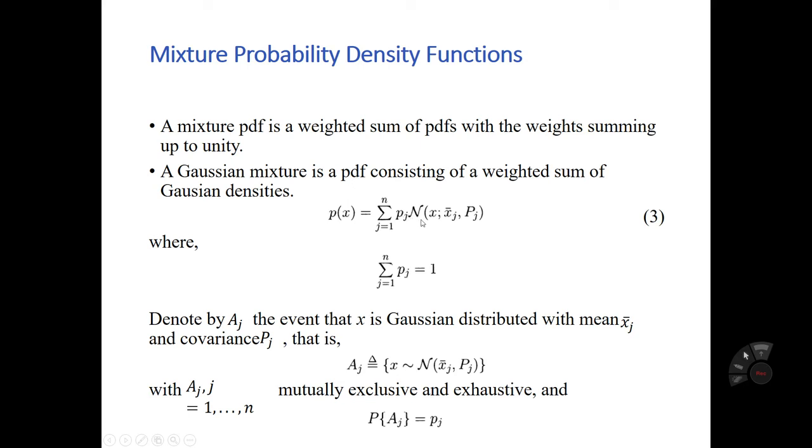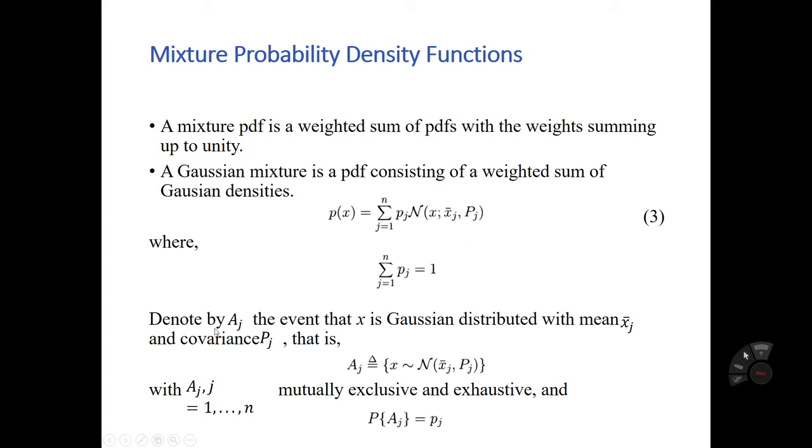We are adding up all the PDFs with some weights. So the PDF mixture is a weighted sum of PDFs with the weights summing up to unity, where the sum of P_j equals 1.